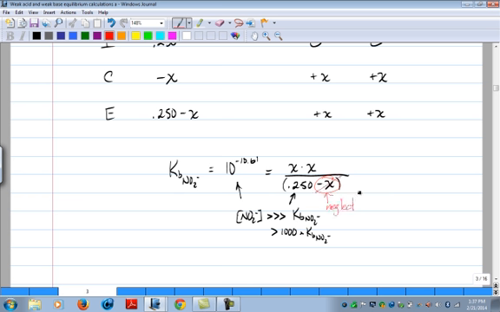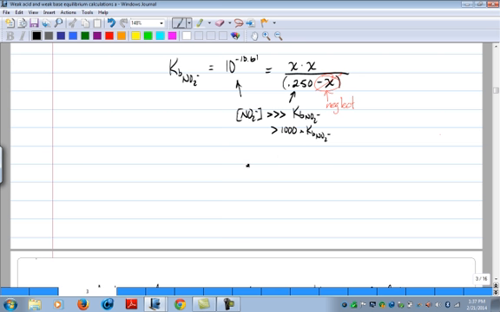Even if we couldn't neglect that and didn't know any better, we can always check our answer at the end. If we end up getting an x value of 0.225, clearly that is not and was not negligible. But this certainly makes the calculation a lot simpler. We now cross multiply: 0.250 times 10 to the negative 10.61 equals x squared, and therefore x, let's not forget what that is, that's the concentration of hydroxide.